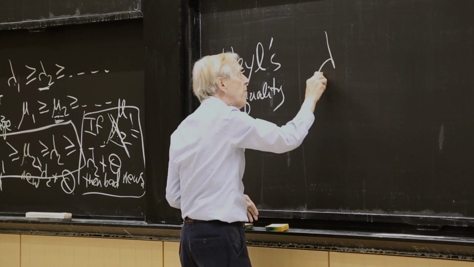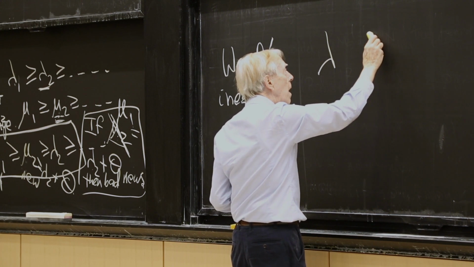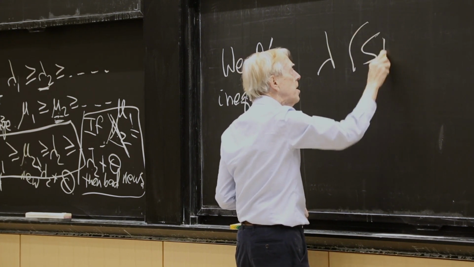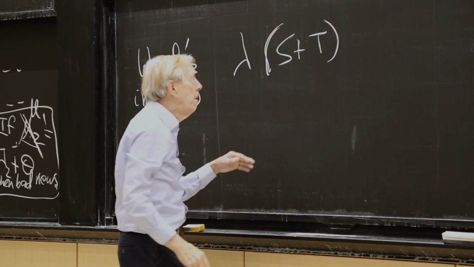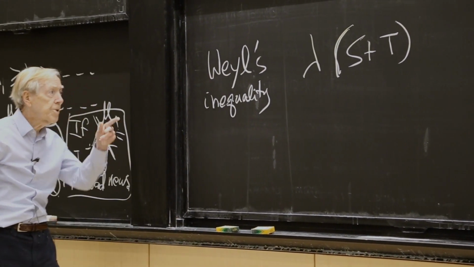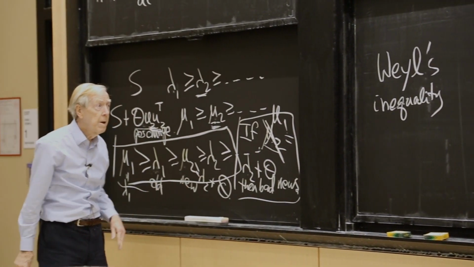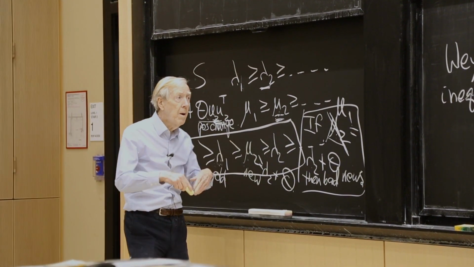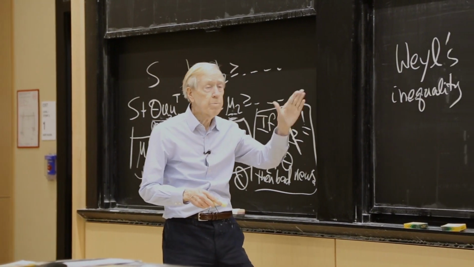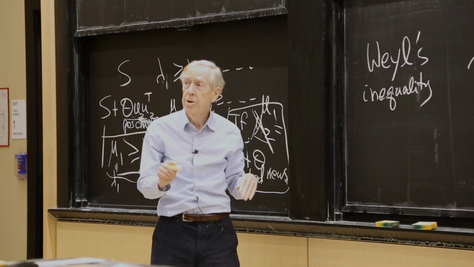His inequality is for the eigenvalues of S plus T. T is the change. S is where I start. It has eigenvalues lambda. But now I'm looking at the eigenvalues of S plus T. So I'm making a change.